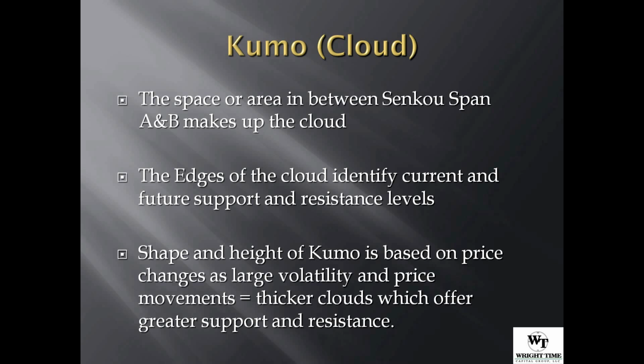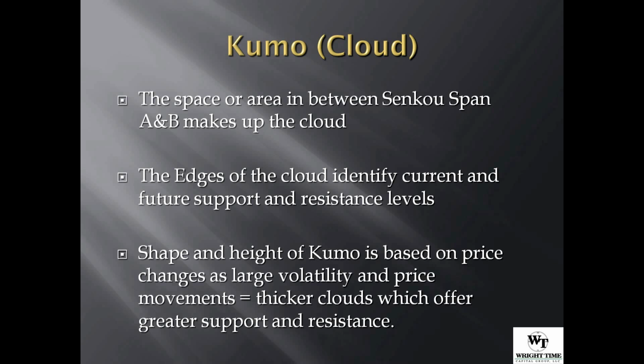Now, it is very important that we understand that the shape and height of the Kumo is based on price changes: large volatility and price movements equal thicker clouds, which offer greater support and resistance.